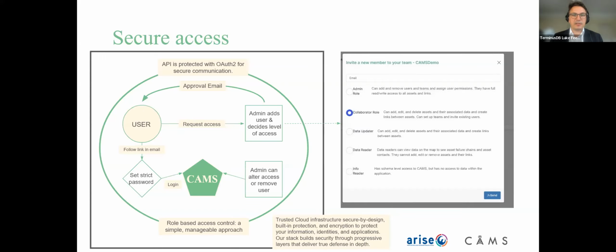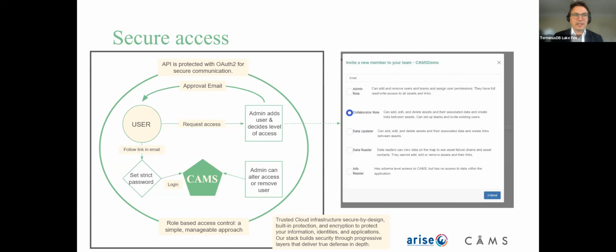An administrator has to provide you with access. You can request access from a link, but that has to then be granted by the core administrator. They can then follow a link in an email that gets sent out to them. They're forced to set a very strict password. Then they can log into CAMS, and the administrator can alter, access, or remove the user at any time.